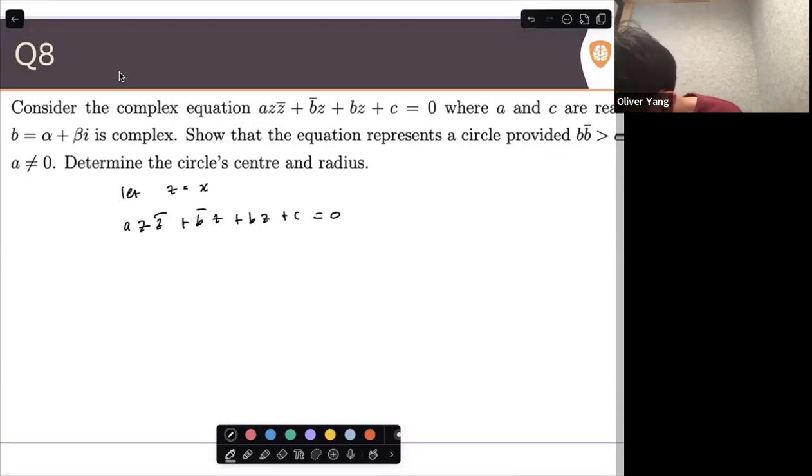Let z equals x plus yi, okay? So when we have x plus yi, we can just sub it in.